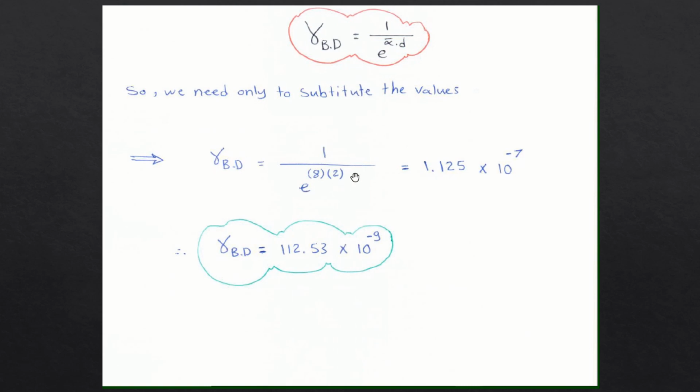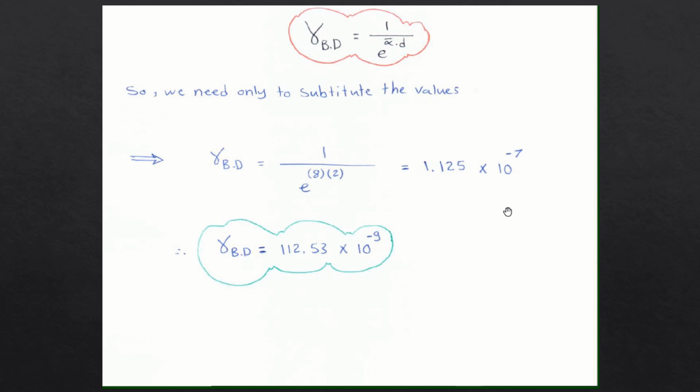By substituting the values, the formula will be 1 divided by e to the power 8 into 2, so the secondary ionization will be equal to 1.125 into 10 to the power minus 7. If you get this answer, your answer is okay.